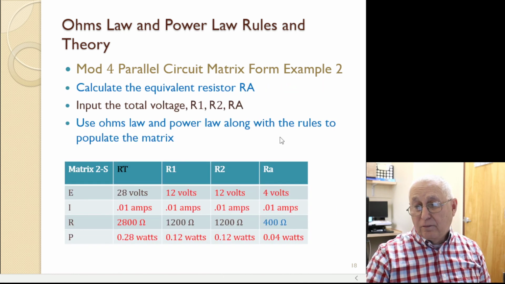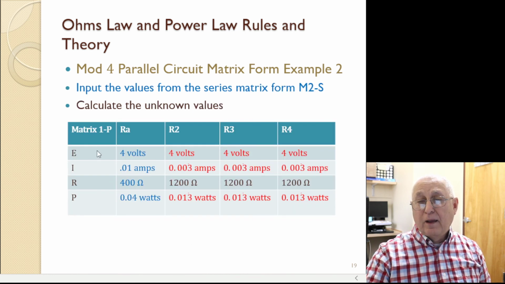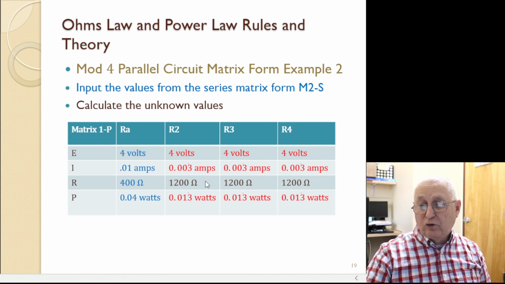Now I can take all this information of RA, which is calculated, and put it in my first matrix, matrix 1-P. Here it is, all the information. We have all the resistor values, 1200, 1200, 1200, 400 ohms. And we have RA is 4 volts, right?